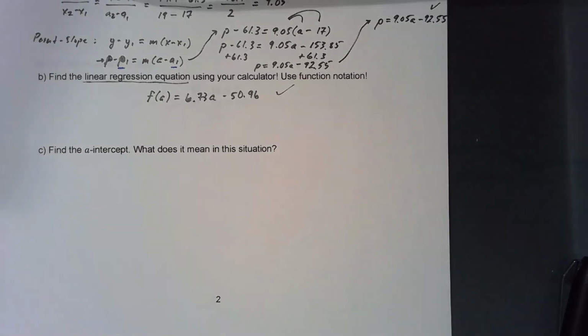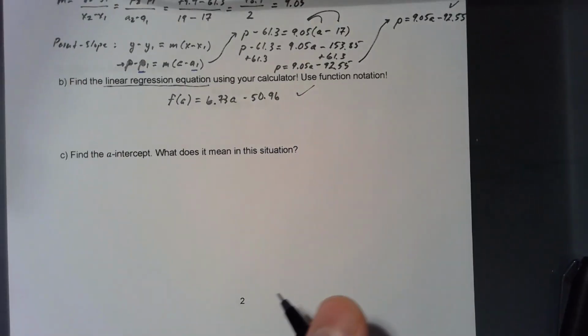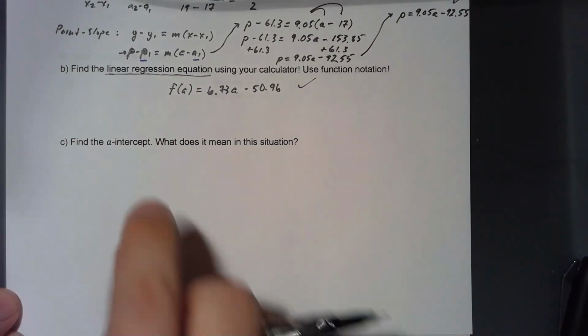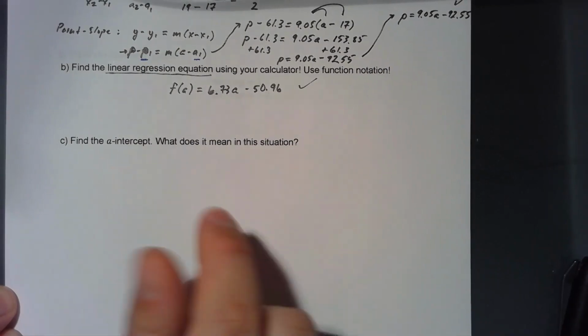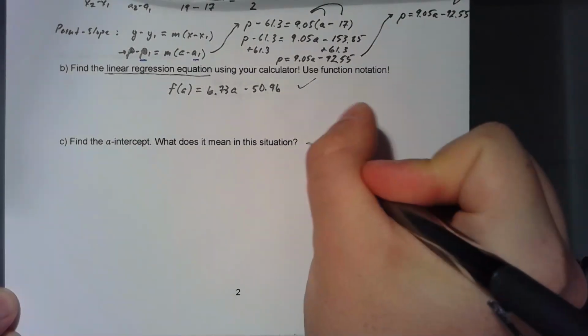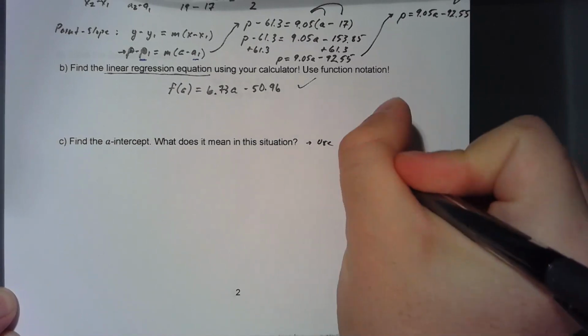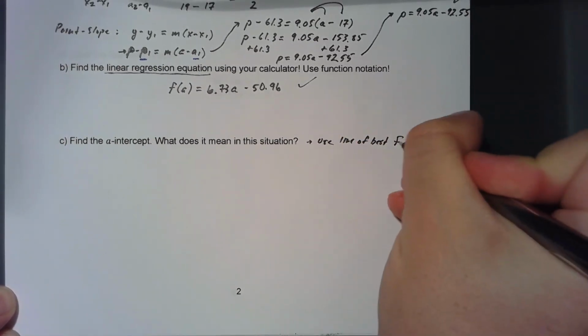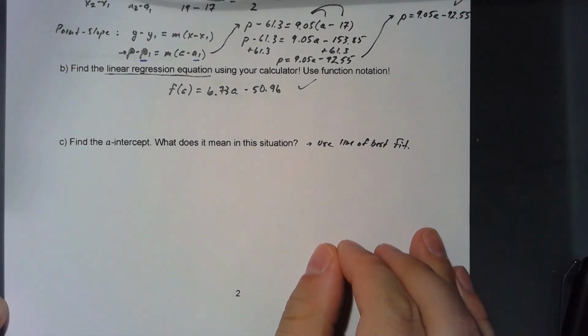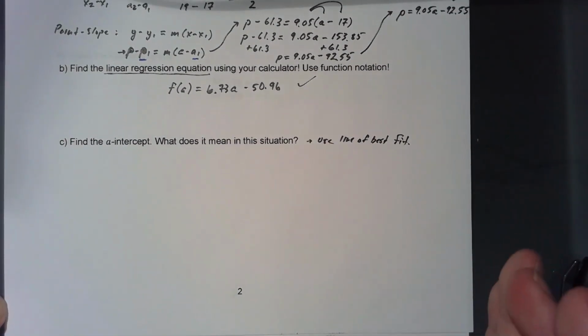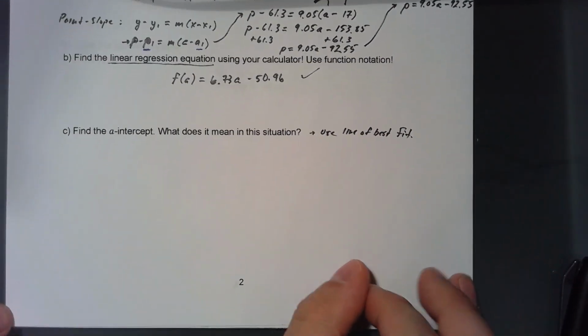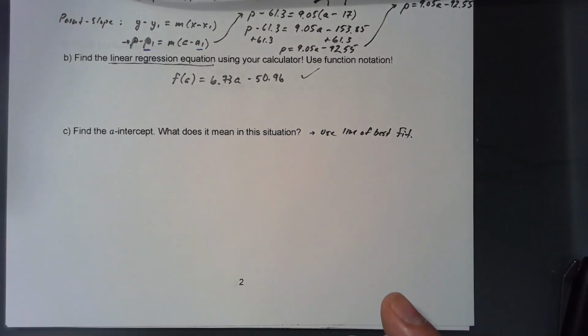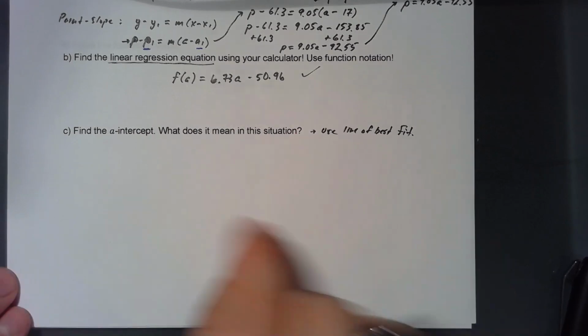Okay, so find the a-intercept. So what does it mean in this situation? So when I say this, you're going to use the line of best fit, obviously. You're going to use the line of best fit because that's the best possible model, right? That gives you the best approximation. Okay, so find the a-intercept.